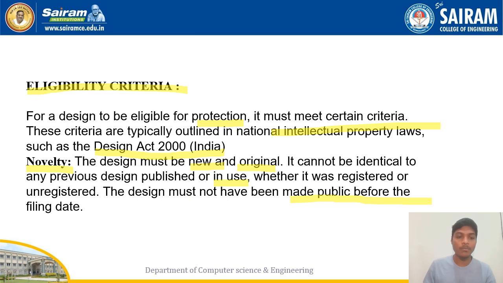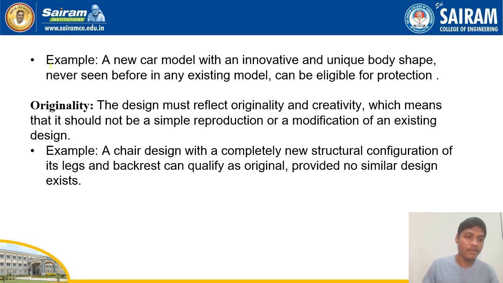No one should have publicly made available the design which the designer is filing. So we'll see an example now. A new car model with an innovative and unique body shape never seen before in an existing model can be eligible for protection.